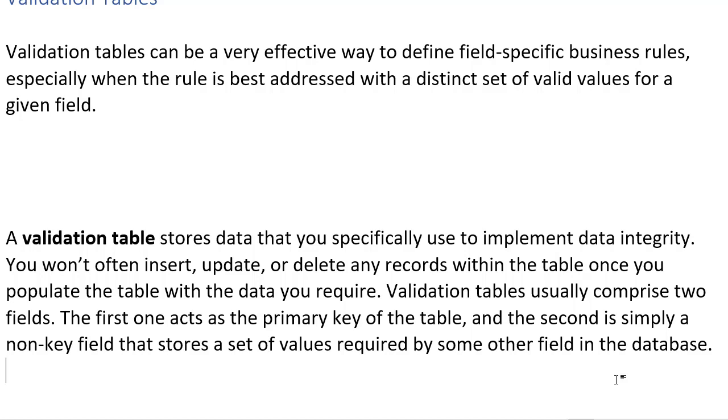Well, that validation table might have the employee's ID and their actual name. And so it's the name that gets put into another field, but I'm actually linking that to the table I'm working on through that primary key field, and I hide that field from the user so they don't see it on their screen.